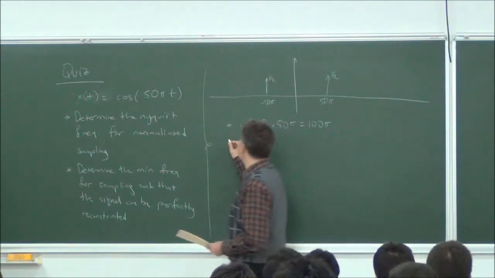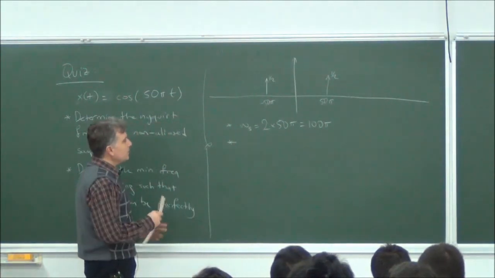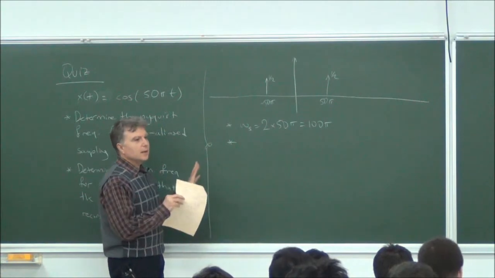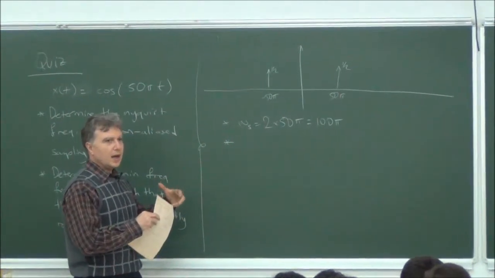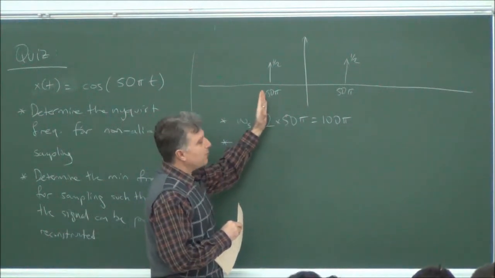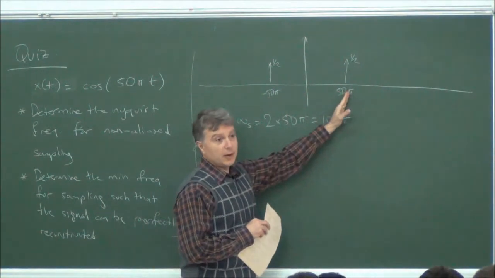The other part is the interesting one here. This Nyquist frequency is necessary to make sure that nothing is overlapping after sampling, if your signal is considered to be a full band signal between minus 50 pi and plus 50 pi.